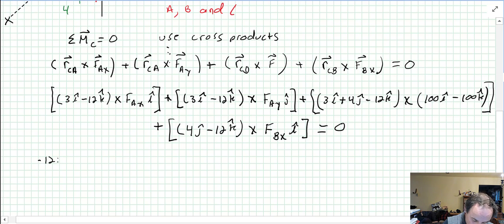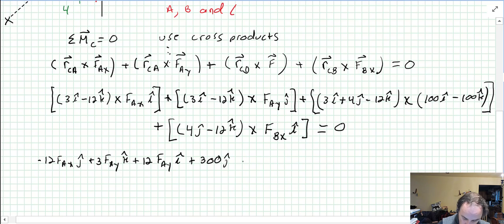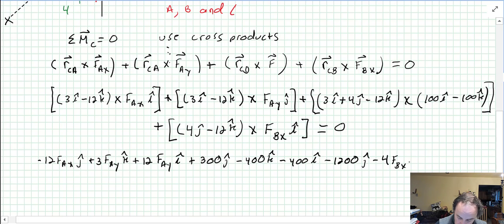Minus 12 FAX j hat plus 3 FAY k plus 12 FAY i plus 300 j minus 400 k minus 400 i minus 1200 j minus 4 FBX k minus 12 FBX j.